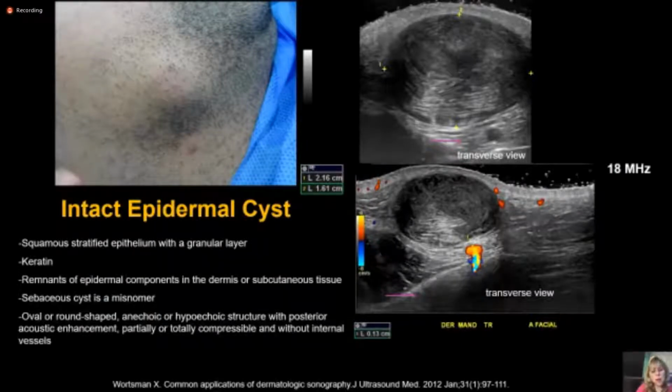I would say that one of the top requests of dermatologic ultrasound is epidermal cyst. This is a lesion that is caused by remnants of epidermal components embedded into the dermis.